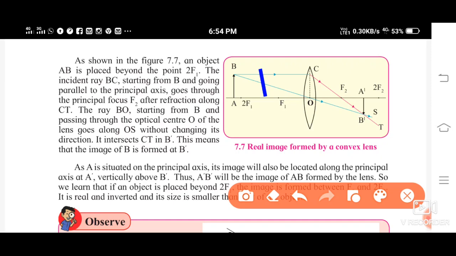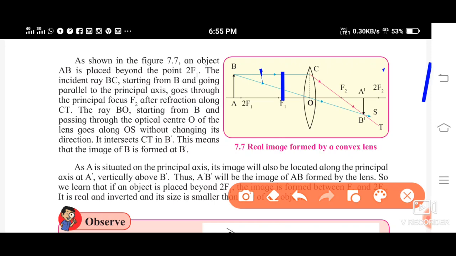Now when you are keeping the object between 2f1 and f1, the image will be formed beyond 2f2. And then when you keep the object on f1, the image will be formed at infinity.